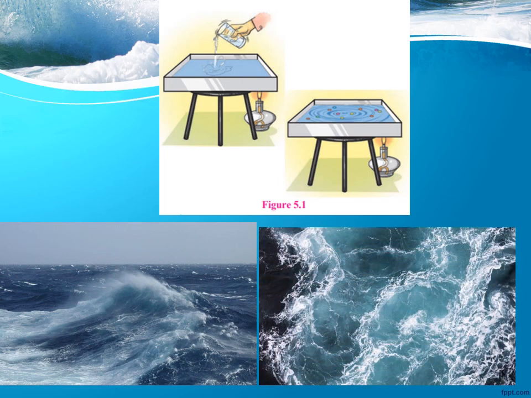Surface currents affect water to a depth of several hundred meters and are driven mainly by wind. Currents move in a circular pattern in each of the five major ocean basins.